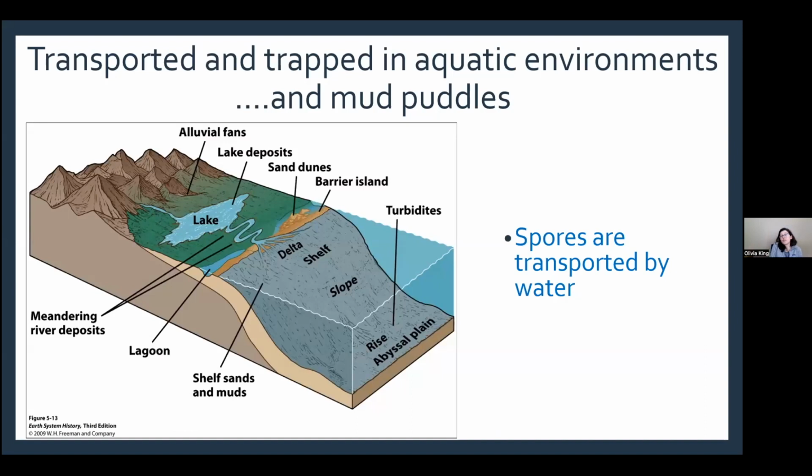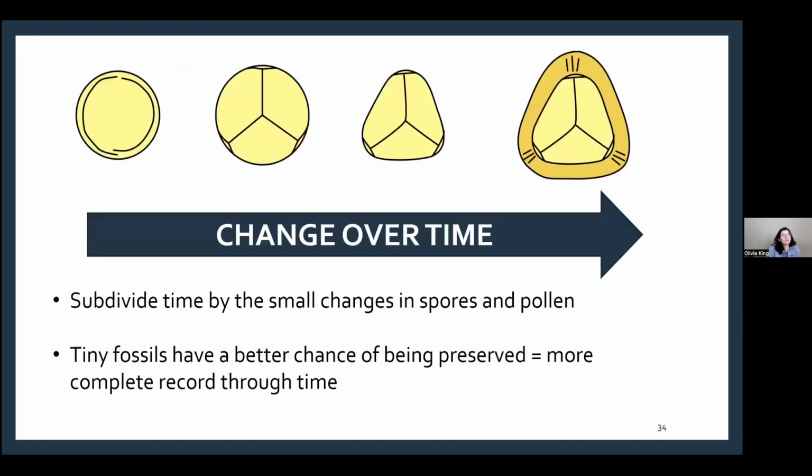They're also transported and trapped in aquatic environments, as spores, which tend to be thicker walled, are transported by water. What you're looking at is these things settling out as water movement becomes slower. So what are we looking for? We're looking at the change of these different spores through time, and we're using those small changes in spores and pollen to subdivide time.